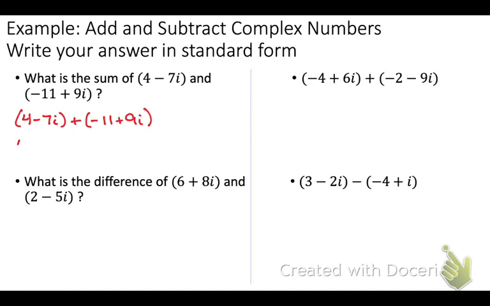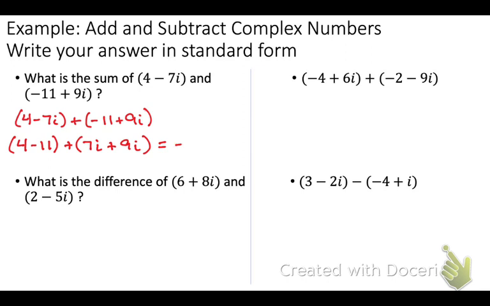So 4 is real. What's the other real number? Negative 11. So I have 4 minus 11 plus 7i. What's the other imaginary? 9i. Plus 9i. So what's 4 minus 11?